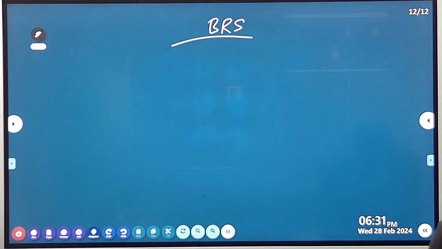Here you have one para, the main reason for disagreement between the balance of cash book and passbook. Can you see this para? The main reason, page number 43. Can you read for me?